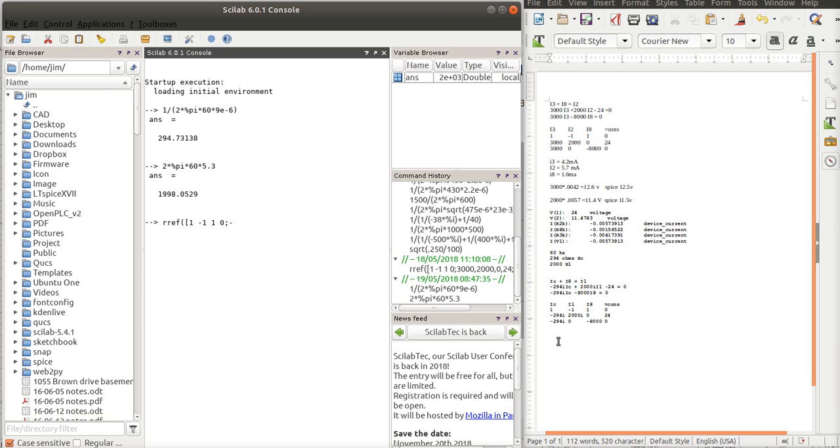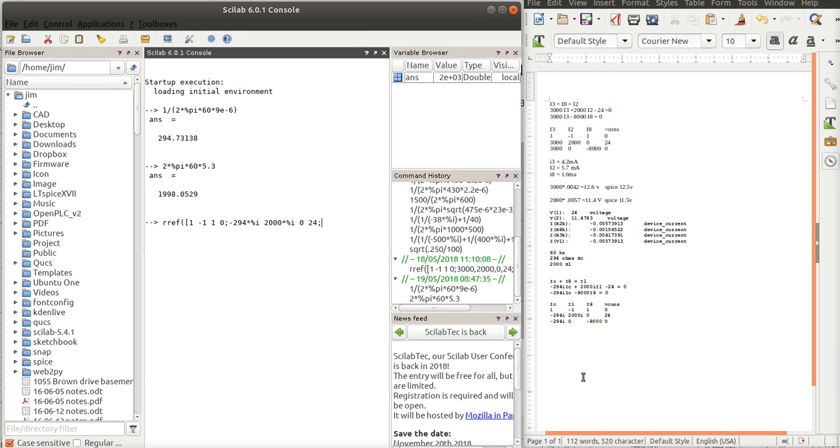So minus 294 times, and to tell Scilab I'm using the I operator, it's percent I. So it's percent pi for pi, percent I for I. 2000, and you have to put in the star, percent I, space 0 space 24.